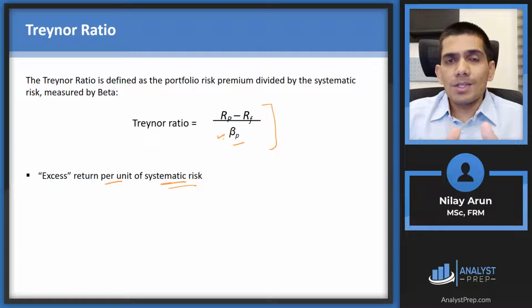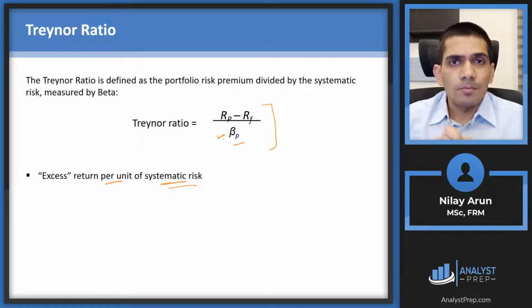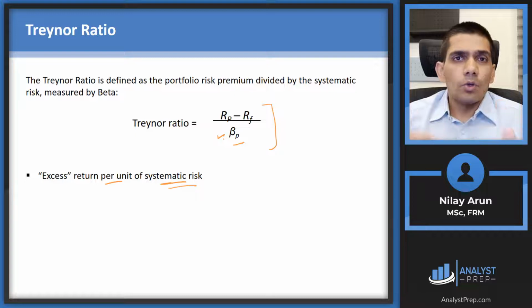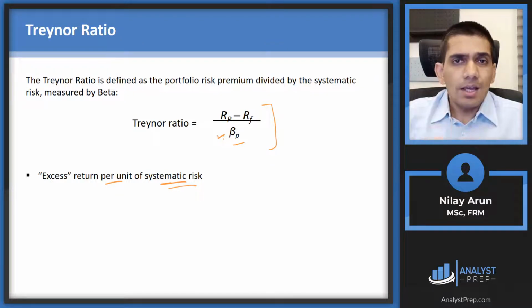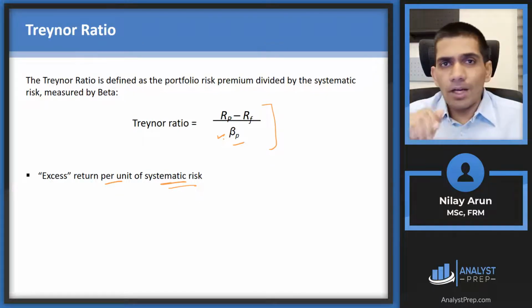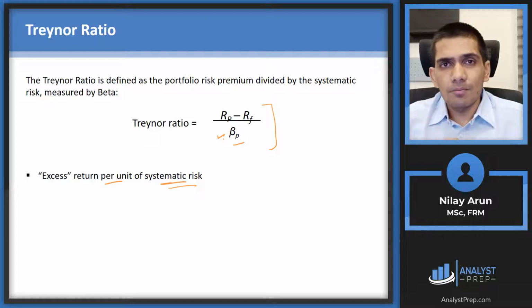In the first part, we said that the investor is getting rewarded for the total risk, which means the diversifiable part as well as the non-diversifiable part. The next part was where we said that there is no reason why the market should be giving you extra return for the diversifiable risk. Essentially, if a risk could be diversified away and you're not diversifying, then it's your fault. Why should the market reward you with extra return for that?